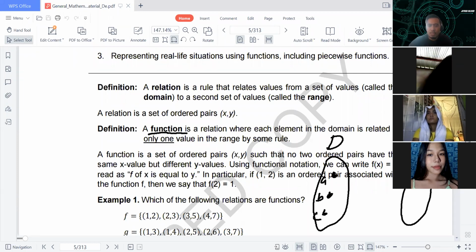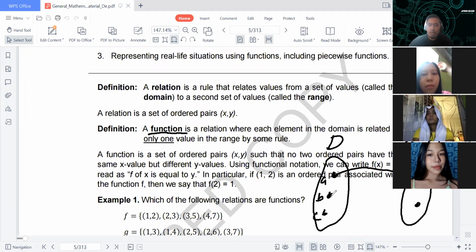So this is your codomain. If you assign A going to at least one element from your codomain, then that is called a function.